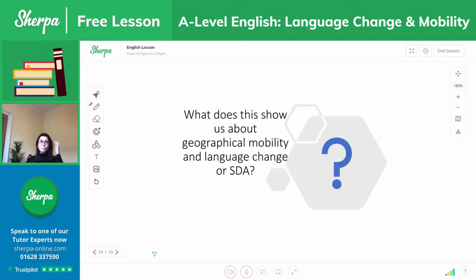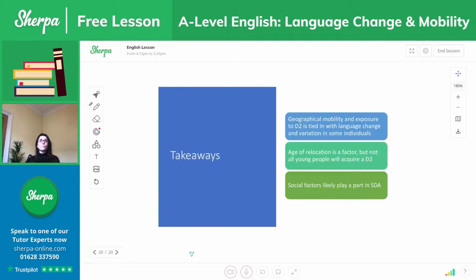So some inferences we can make are that geographical mobility and exposure to a second dialect is tied in with language change and variation in some individuals, but it doesn't necessarily take place in everyone. And age has been shown to be a factor, with younger people being more likely to accommodate. But not all young people will accommodate to or acquire the second dialect.